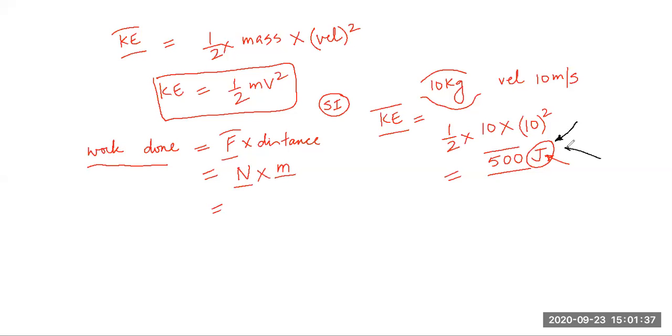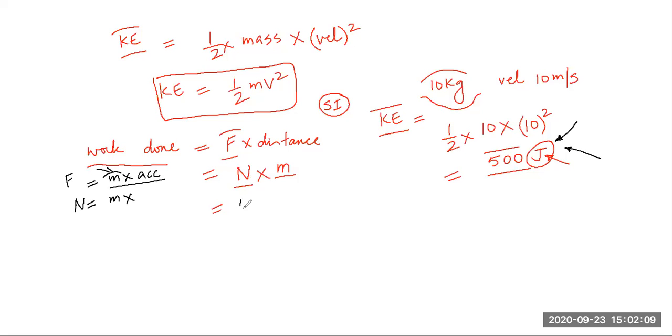Oh, you're going to enjoy in 2 minutes more. Now let's split Newton. What is Newton? Newton is force. Force is equal to mass into acceleration. These are the basic units. So can I express Newton in terms of mass into acceleration? What is the unit of mass?